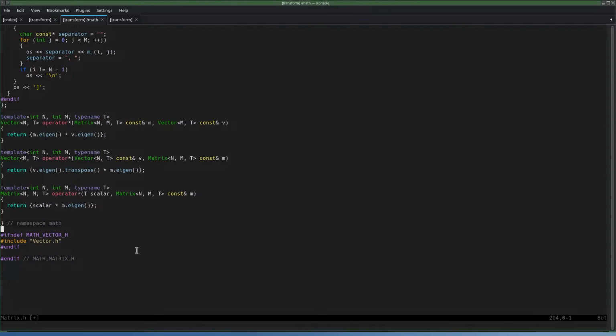yeah, I don't think this works, because, well, maybe? No, it doesn't work. I mean, we're calling a member function on V, which is a vector, so vector must already have been defined here. You can't include it at the end.